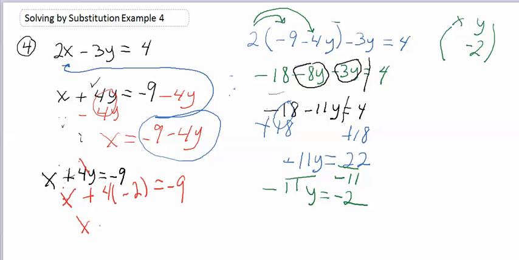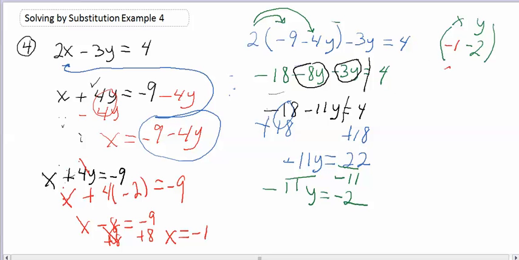So now we have x, 4 times negative 2 is negative 8, is equal to negative 9. Plus 8 on both sides, so this is a 0, right? x is going to be equal to negative 1. So negative 1 is your x value. Again, right here is the answer to example 4.